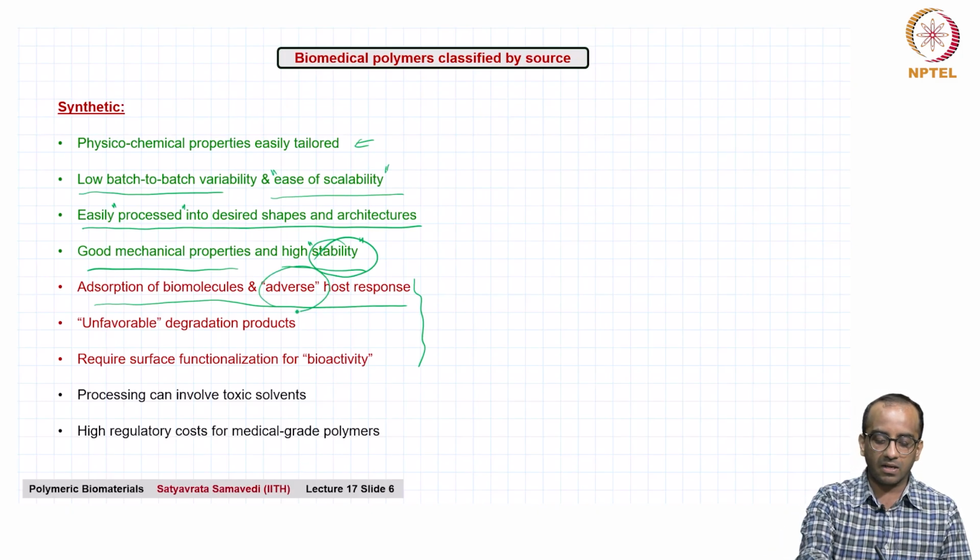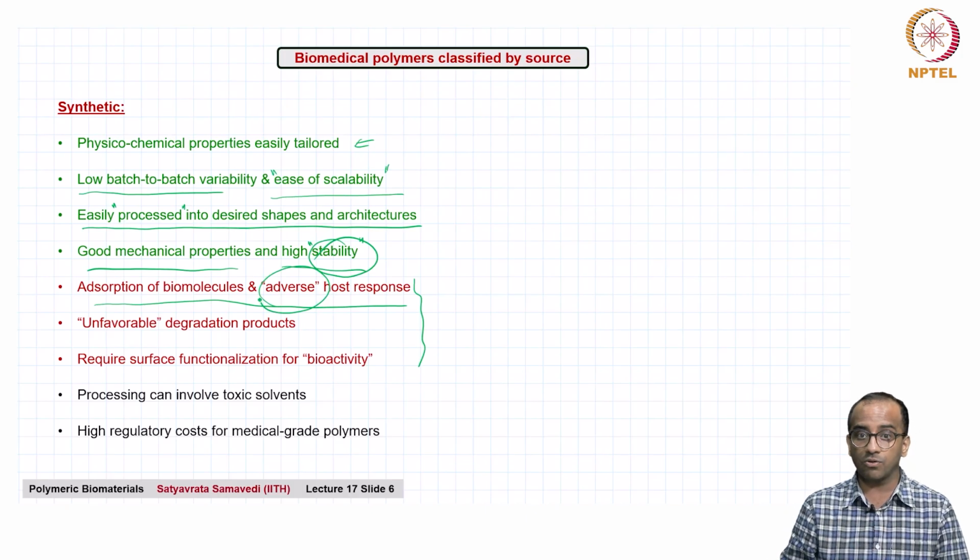You can end up getting an adverse host response, in which case the implant can get walled off in a fibrous capsule, which means it's not going to do its job, it's not going to be performing to the expected level, and that would be a problem.